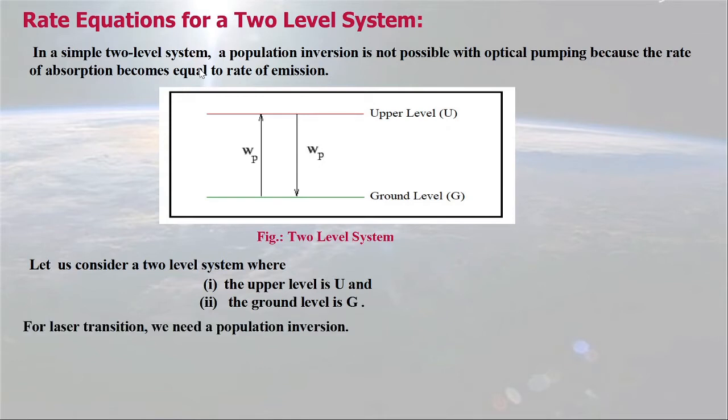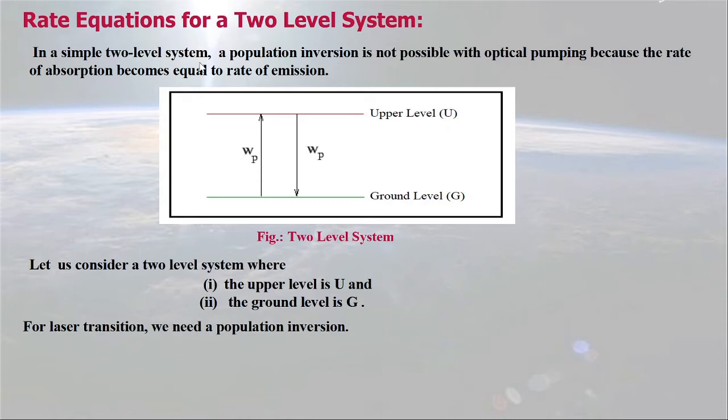Now for laser transition, we need a population inversion. That is, the number of atoms or molecules in the upper state must be greater than the number of atoms or molecules in the ground state.